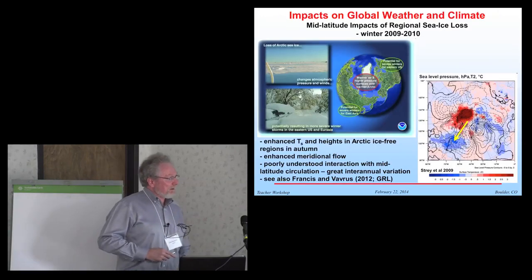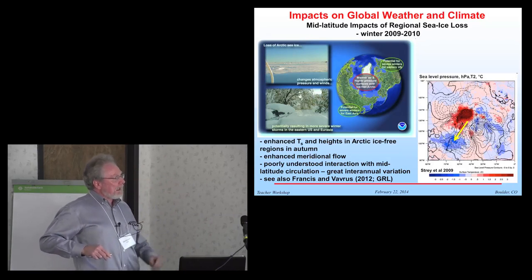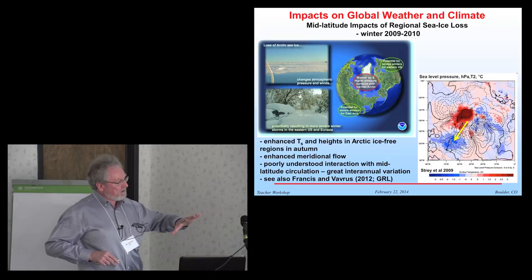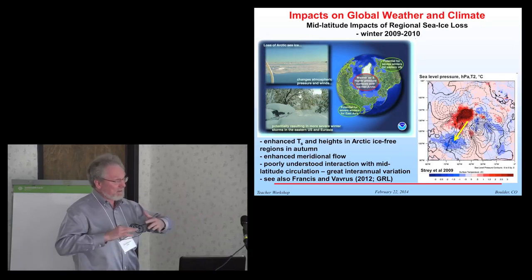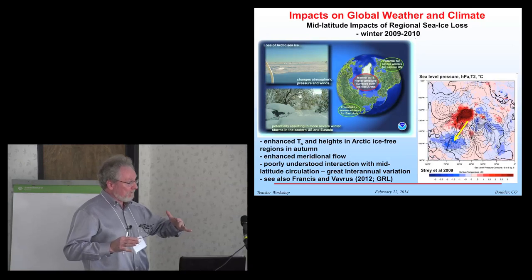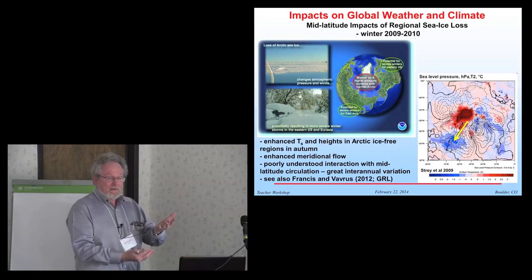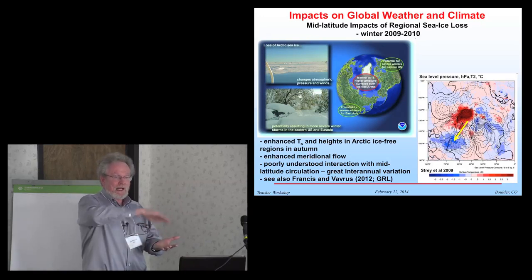Impacts on global weather and climate. As I mentioned, in the Beaufort-Chukchi Sea regions, there's typically much more open water now than there used to be in the late summer and in the fall. This produces heat back to the atmosphere that then increases what's called the height of the atmosphere.